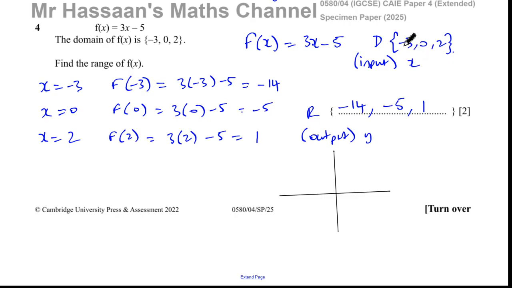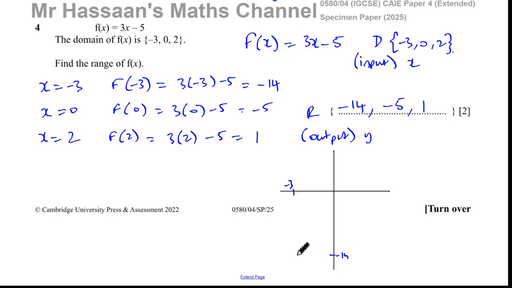When x is negative 3, let's say negative 3 is here, then y is negative 14. So all the way down here. Negative 3 and negative 14. This is just a sketch, just to give you an idea.